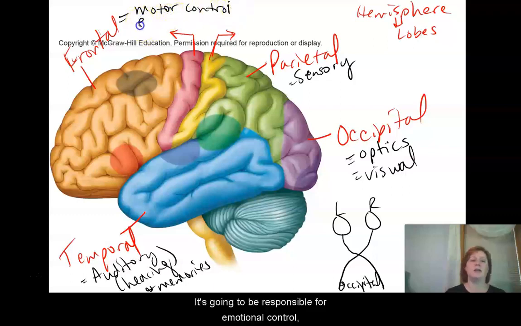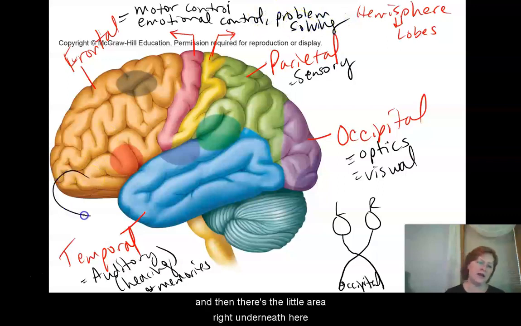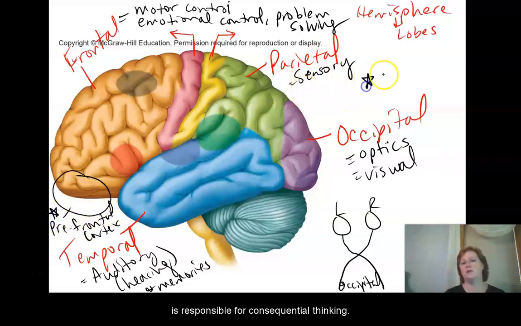It's going to be responsible for emotional control, problem solving, and then there's the little area right underneath here, which is known as the prefrontal cortex. This part right here is responsible for consequential thinking.